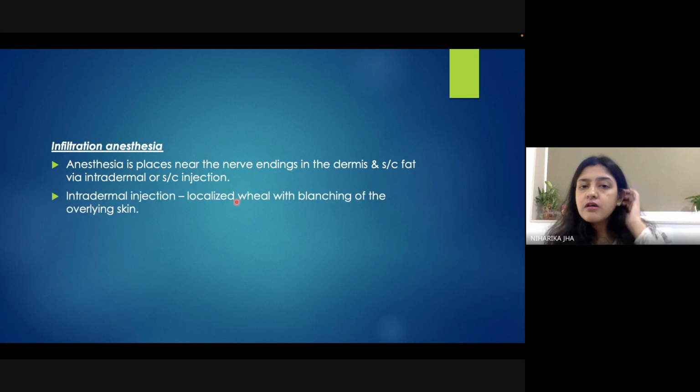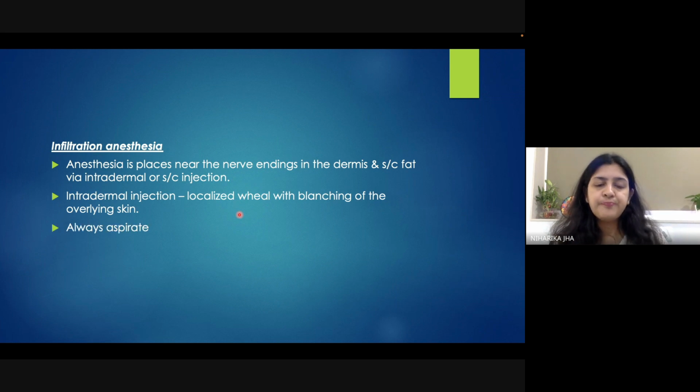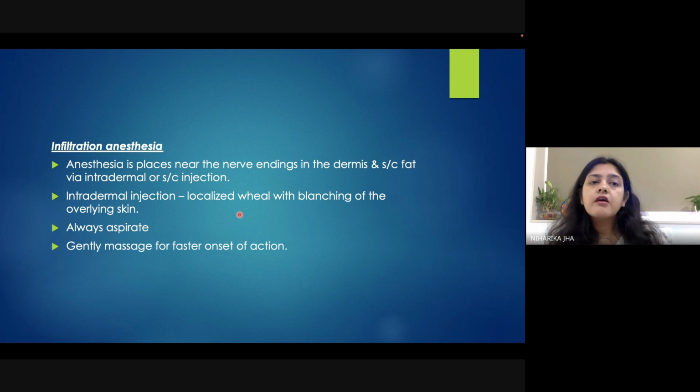Whenever we give an intradermal injection, it results in a little wheal-like formation and blanching of the overlying skin. Whenever we are giving a subcutaneous injection, always aspirate, because if by chance we have entered a vessel and we inject the anesthesia, then the chances of systemic toxicity increase many fold. For a faster onset of action, it is better to massage the area where we are injecting.